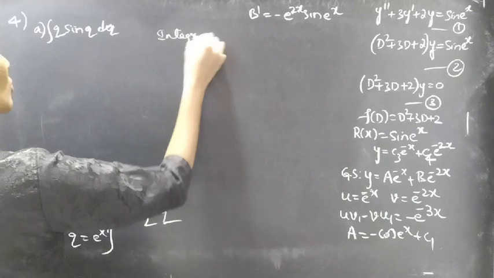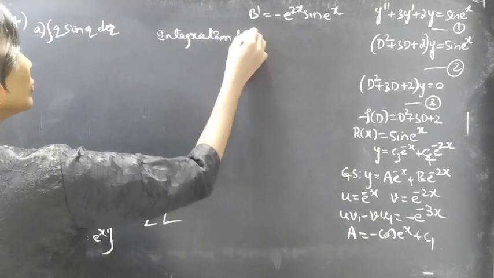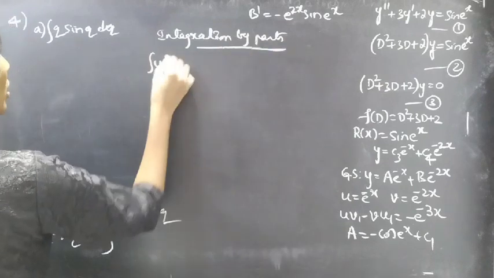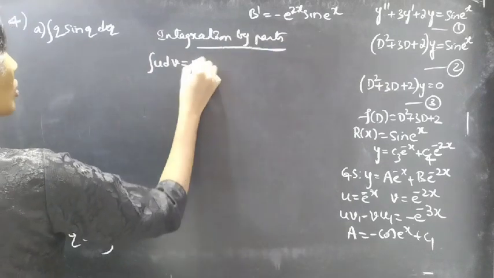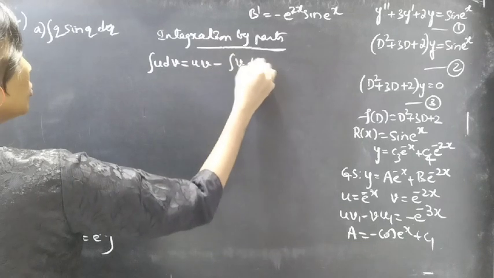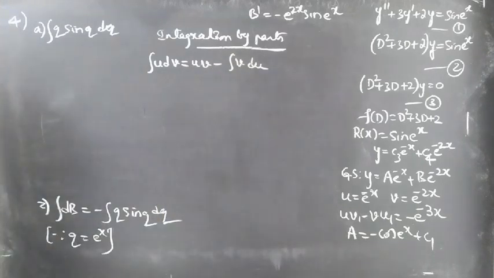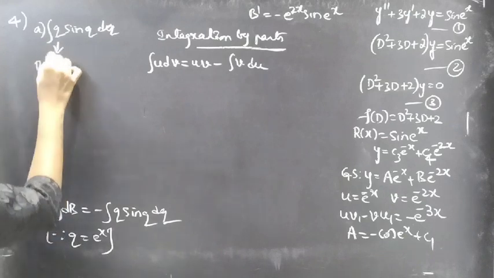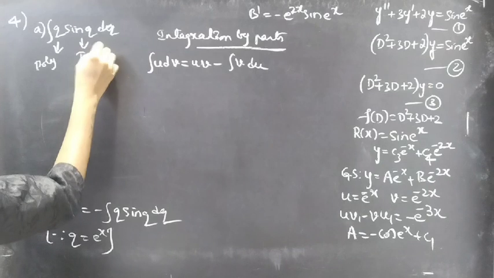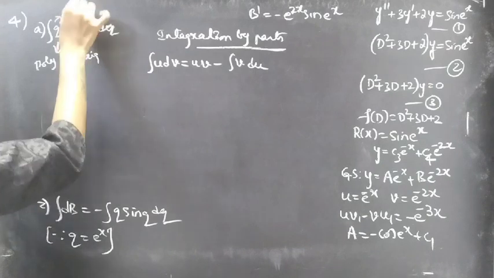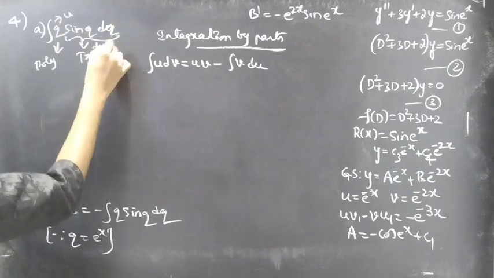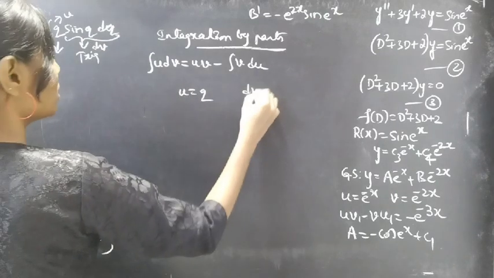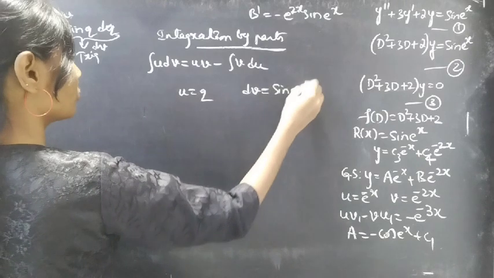We have the integration by parts formula: integral u dv equal to uv minus integral v du, right? Here the integrand is of the form product of polynomial function and trigonometric function, right? So let's consider the polynomial function as u and the remaining part as dv. Okay, u equal to q and dv equal to sine q dq.